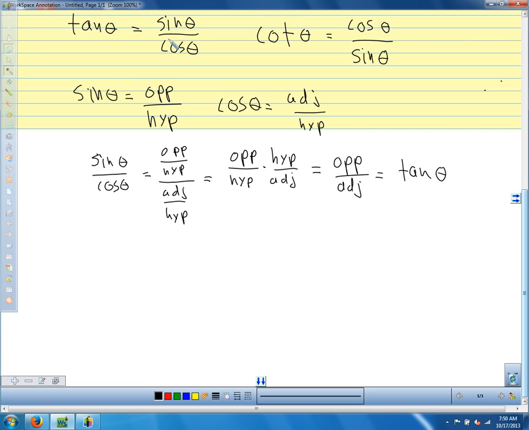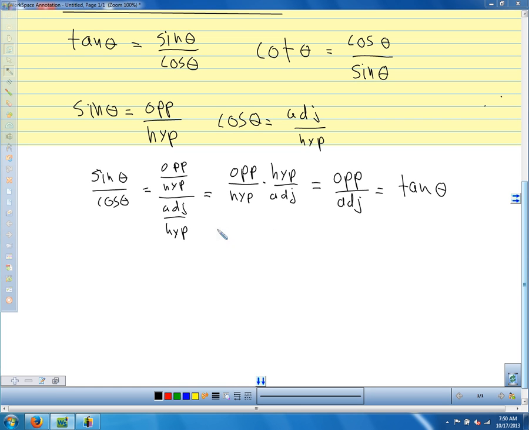So I'm showing you how this particular quotient identity comes out of SOHCAHTOA, out of when we use the sides of a triangle. And the other one we just do the reciprocal. We're just turning it over. So that's where that one comes from with triangles. We talked about it with the unit circle.